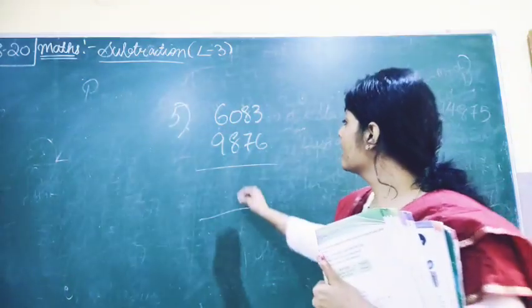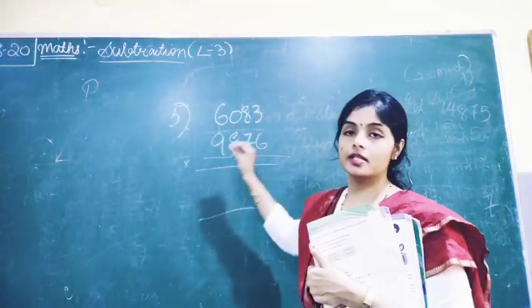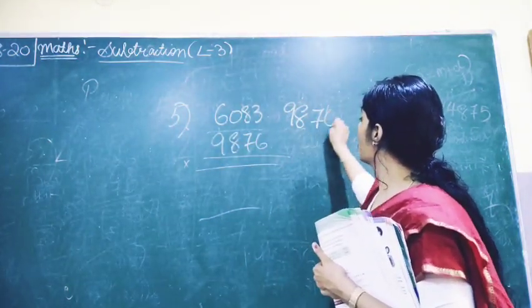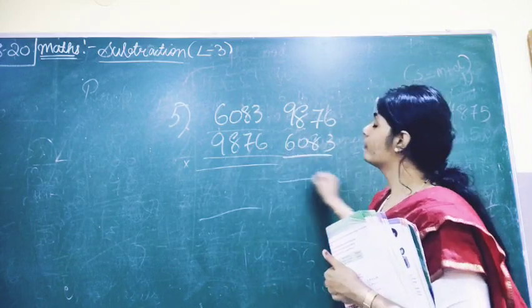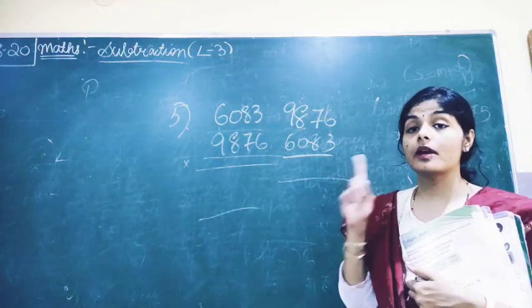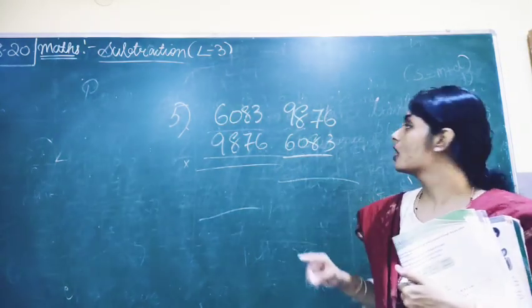Why can't you? Because 9,000 is big and 6,000 is small. So always 9,876 will come on top and 6,083 below. You have to think properly and work it out. Bigger number on top, smaller number below.